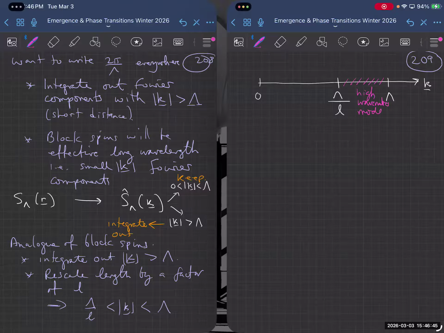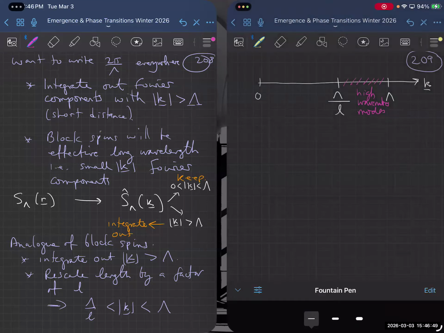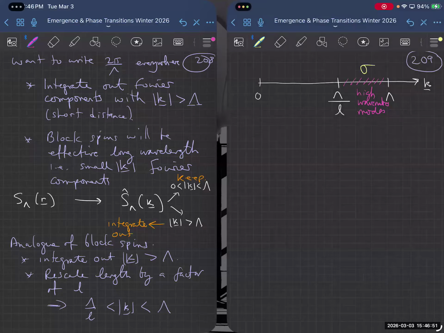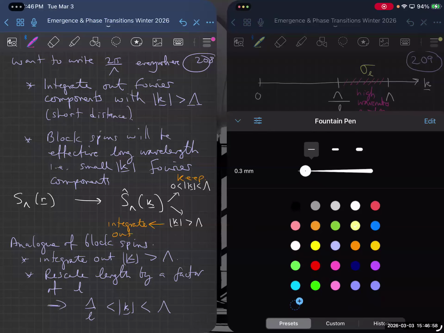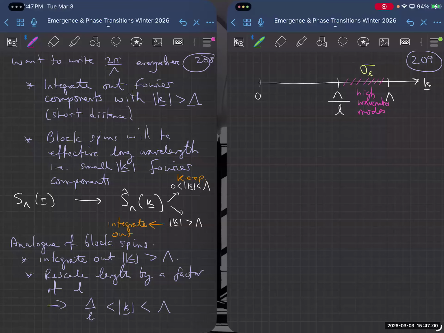And I'm going to think of those as being like the variables sigma that we had before. And then the modes that are over here, these are the long wavelength modes, and those will be like the block spin variables, which we call S L prime.